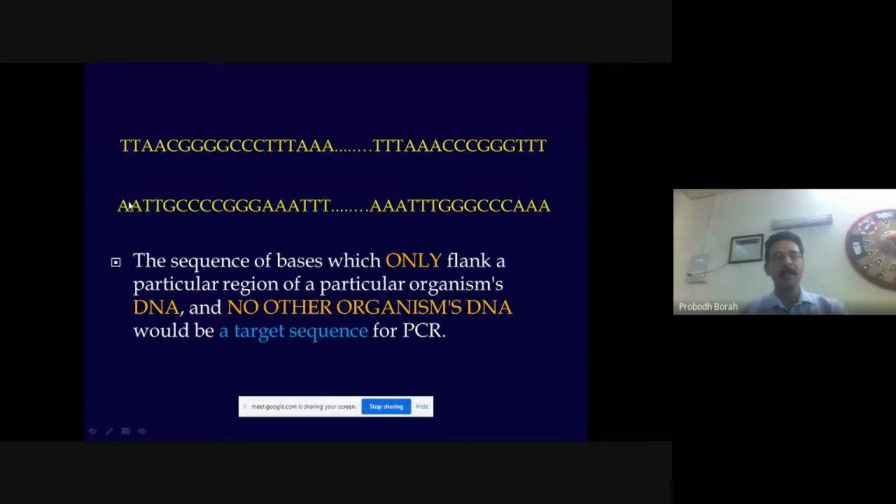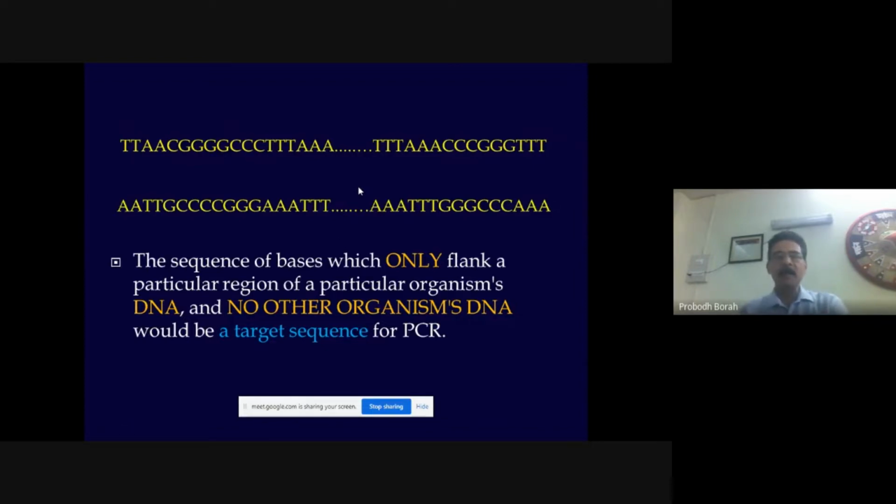Adenine is complementary to thymine and cytosine is complementary to guanine. This is known to us. Suppose this is a double-stranded DNA in which this dotted portion of the DNA is our target for amplification. Suppose we want to amplify by PCR the dotted portion of the DNA.